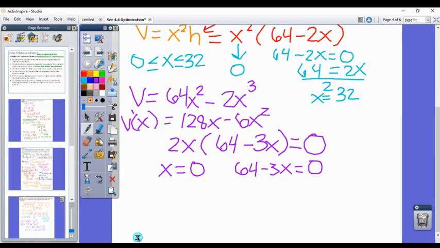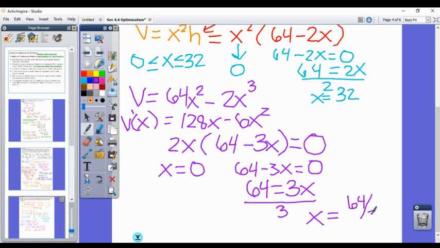So 64 is equal to 3x. Divide by 3. x is 64 over 3. Okay. So now we are going to test our 3 points that we have. We have 0, we have 32, and we have 64 over 3.